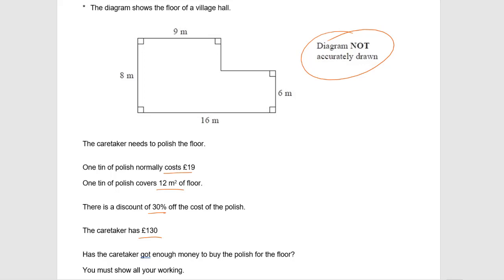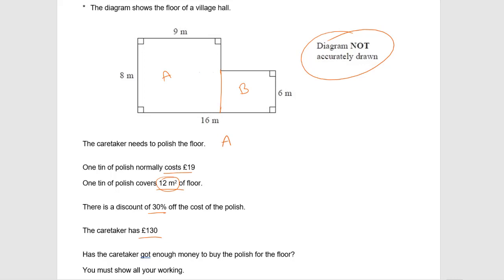Now, because it covers 12 meters squared, we know it's to do with the area of this shape here. So we have a compound shape. Now, when you get a compound shape, we have to split it in 2 or 3 or 4 sections, whichever needed. So I will split this shape this way, and I will label the shapes A and B.